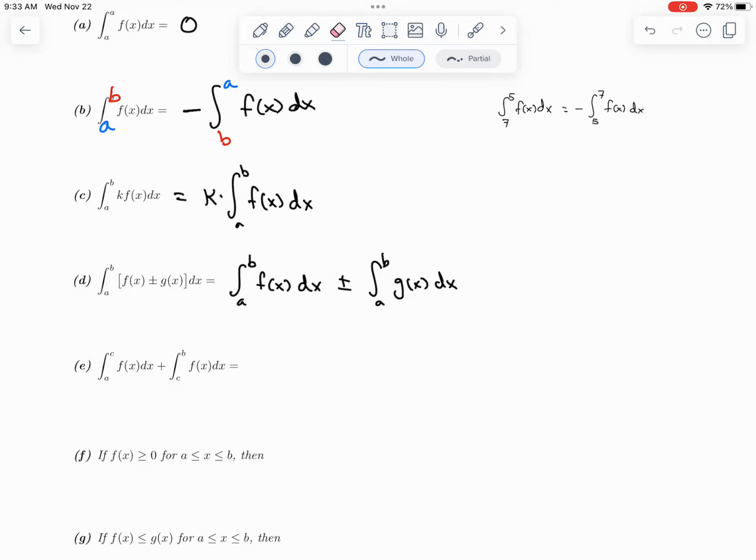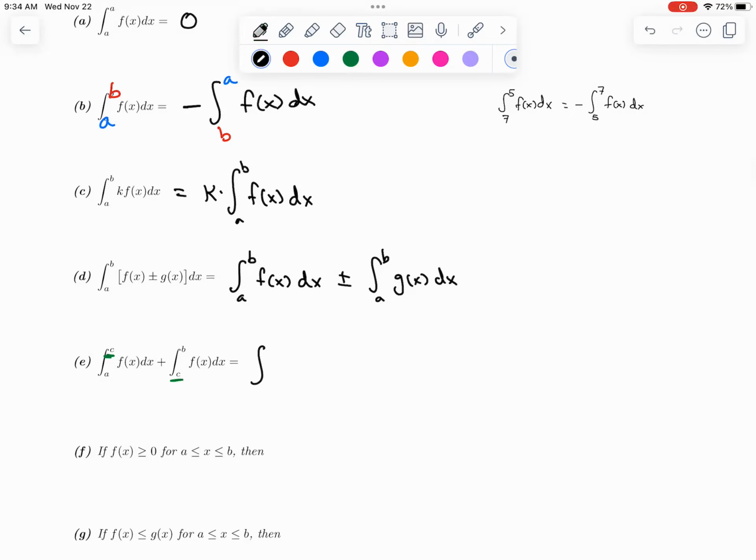The other one is that, notice for this one, the integral from a to c of f of x dx plus the integral from c to b of f of x dx. Notice that the first integral stops at c and the second integral starts at c. You can actually combine these.